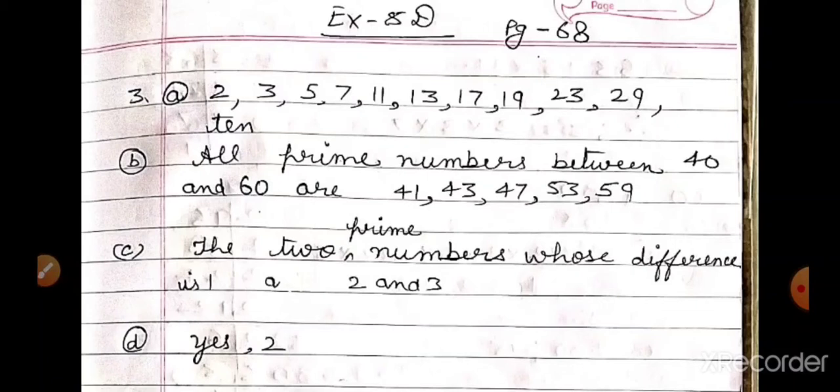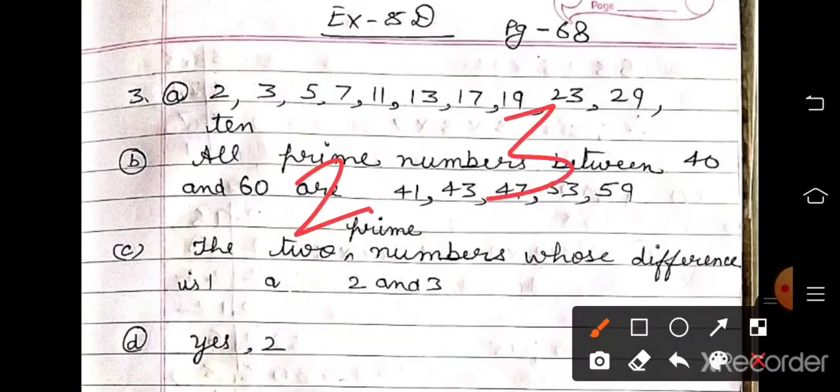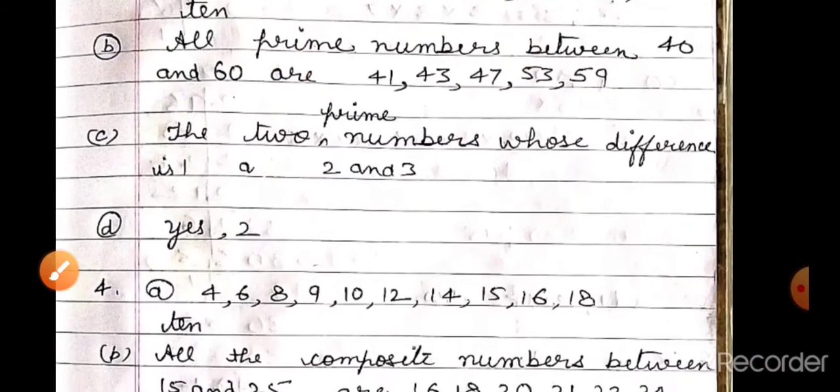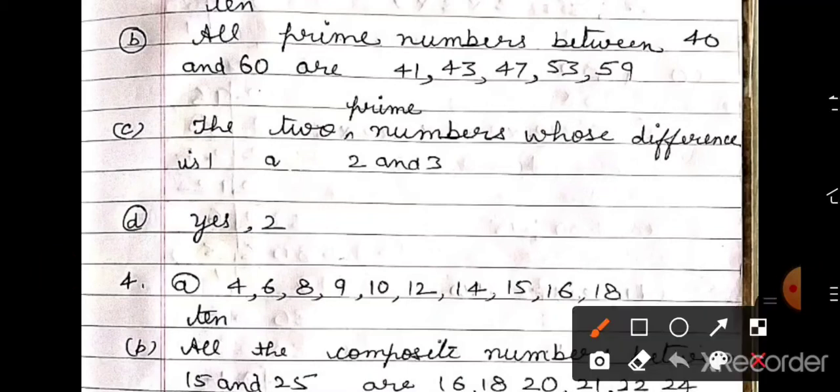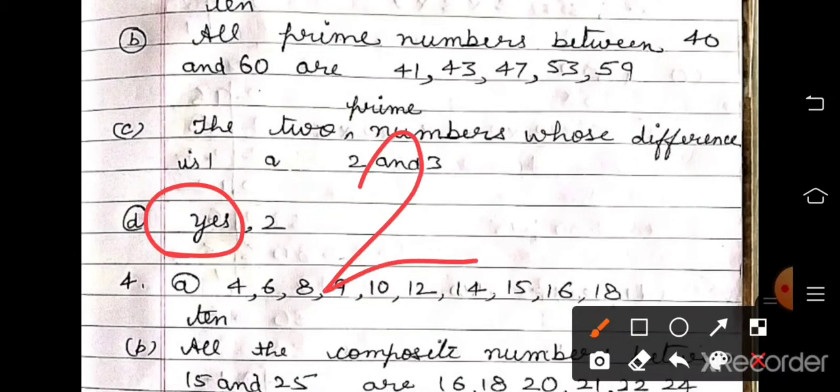So 2 and 3. Their difference is 1. Now the D part, is there a prime number which is even? If so, which number is it? So yes, the number is 2. 2 is an even number and also a prime number.